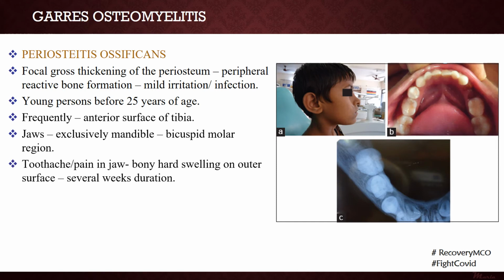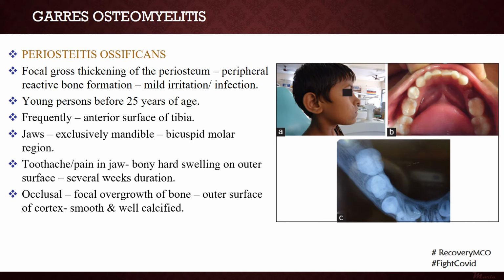The patient will show a bony hard swelling of the mandible which has been present for several weeks. This swelling may be associated with toothache or pain in the jaw. Occlusal radiographs are generally the best radiographic technique to identify Garre's osteomyelitis, wherein a focal overgrowth of bone can be seen on the outer surface of the cortex, which will appear smooth and well calcified.